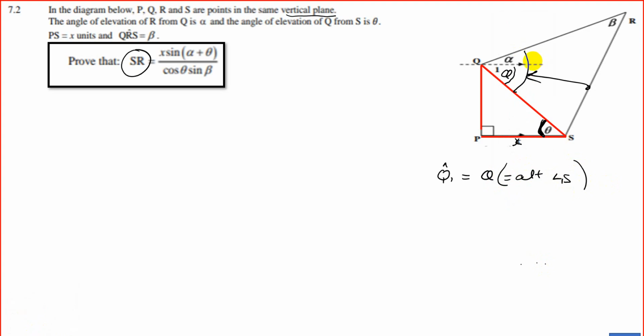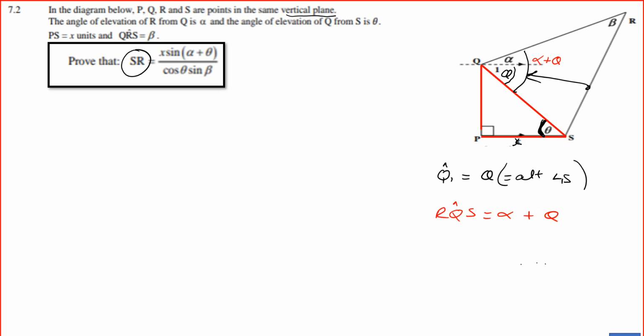So the entire angle that is there, that is RQS, is equal to alpha plus theta.